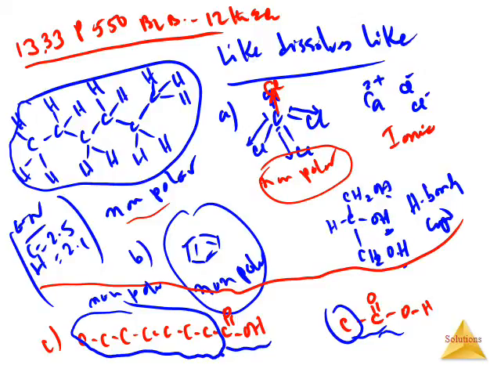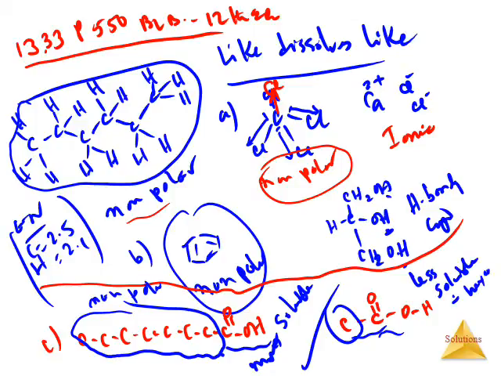So let's write that down. More soluble. And acetic acid would be less soluble in hexane. Okay, hopefully you understood this. So in big molecules, you have to look at what kind of bonding you have, what functional groups you have.